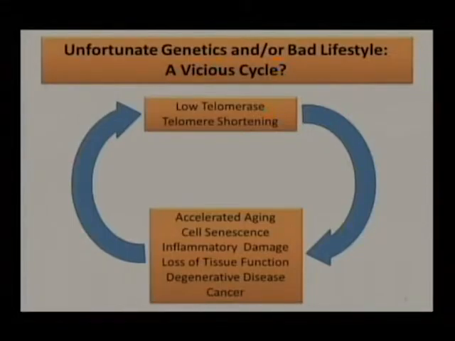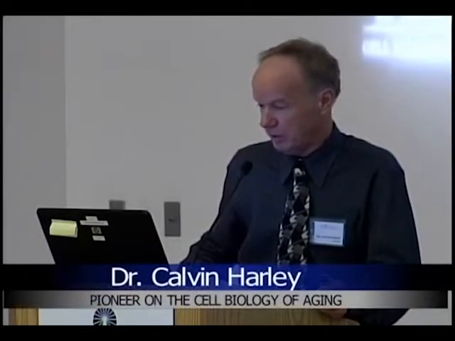But these conditions themselves can accelerate telomere loss. So it is very important for us to make an effort to find molecules that can break that vicious cycle, increase telomerase activity, and help maintain healthy telomere length.